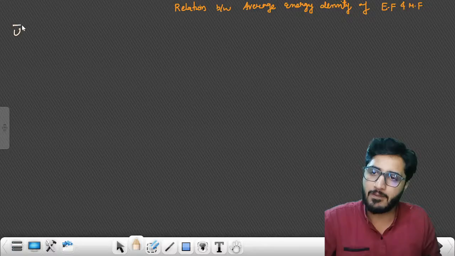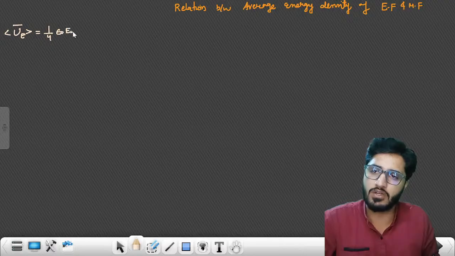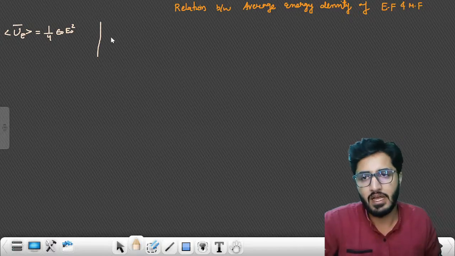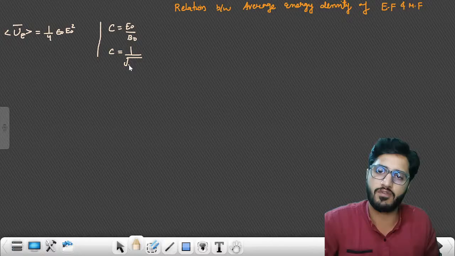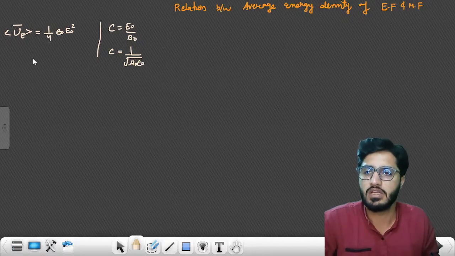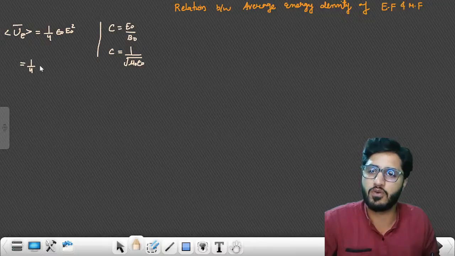For the electric field, we know that it equals 1 by 4 epsilon naught E naught square. We know it very well. And what is the speed of light? Is it E naught by B naught? What is C? Is it 1 divided by under root of nu naught epsilon naught? So here I can write 1 by 4 epsilon naught, E naught will be C times B naught, so E naught square is C square B naught square.